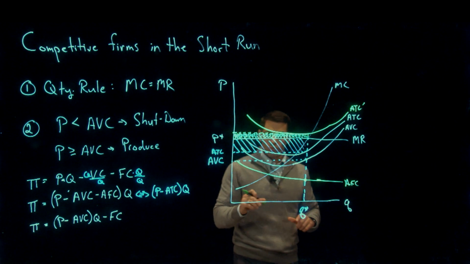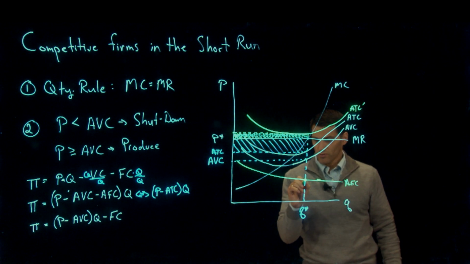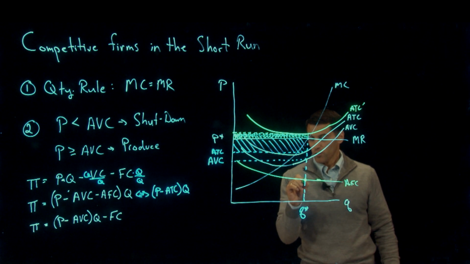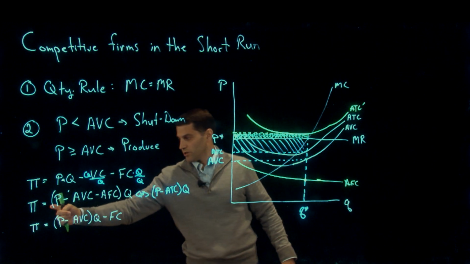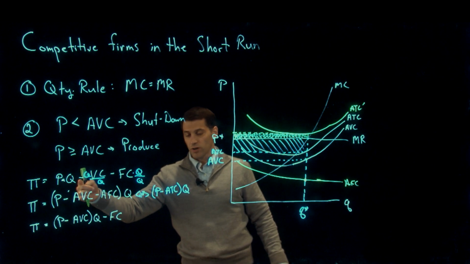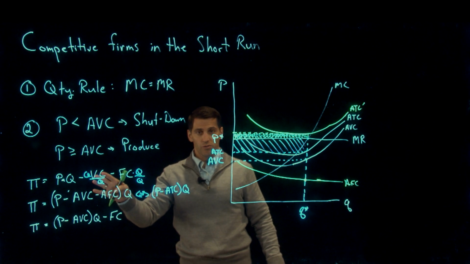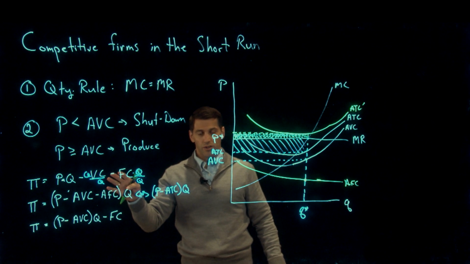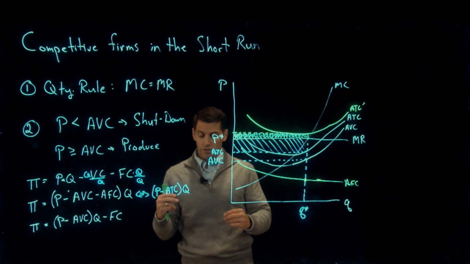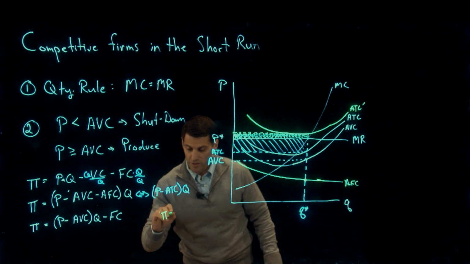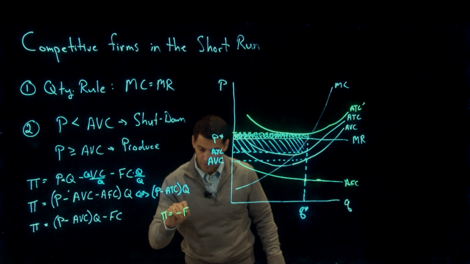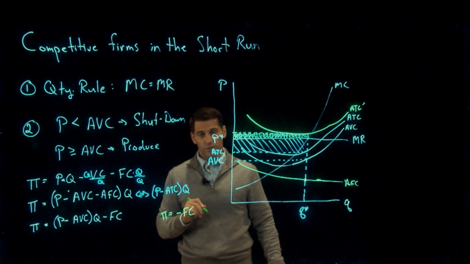Well, what we can show easily here with our average fixed cost curve is that if you don't produce anything, of course your revenue is zero. Your variable costs will also be zero, but remember, in the short run, you still have to pay your fixed costs. So in the short run, when you produce nothing, your profit is equal to minus your fixed cost.